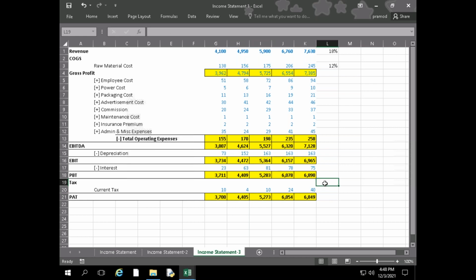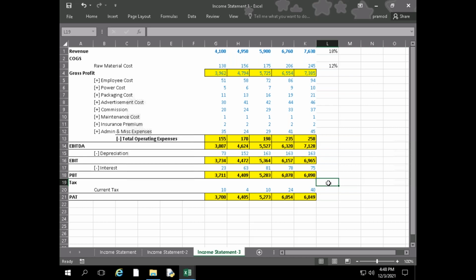Sir, doubt, sir. Last column, K column. Sir, last three values, sir. That is PBT, 6,890, sir. Minus 40 is 6,815. No, sir.